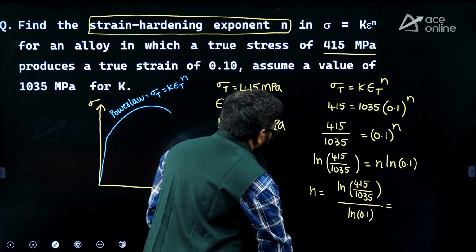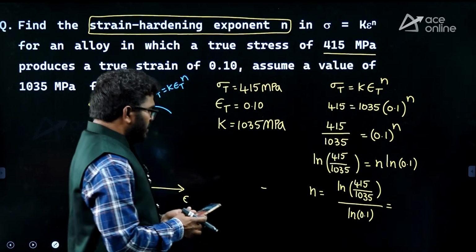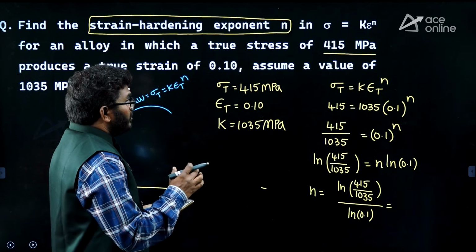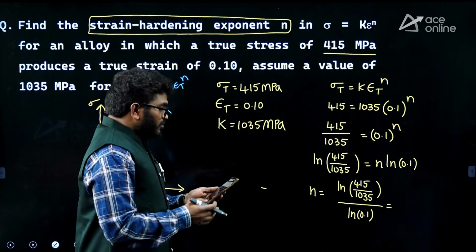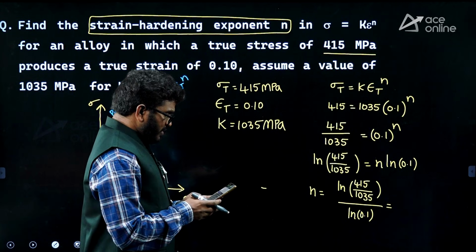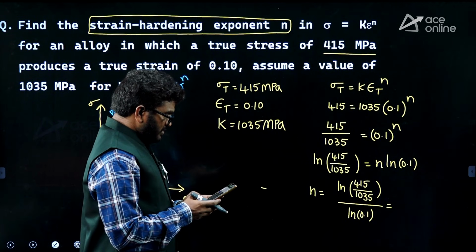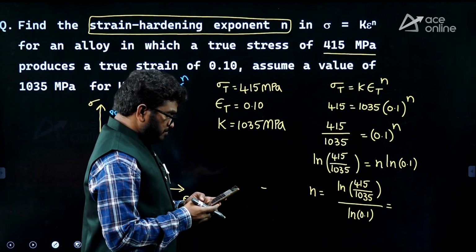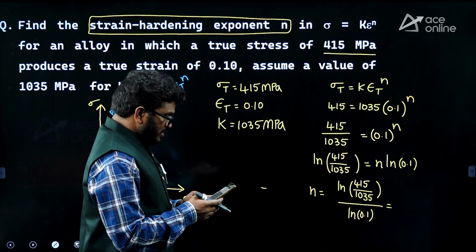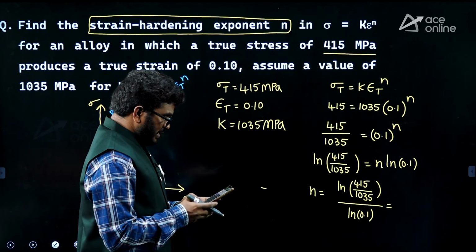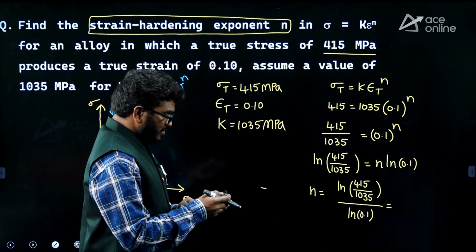So, what is the answer here? What is the answer? It's a very simple question here. Only the thing you should know is how to use this equation, how to solve this equation. See, ln 415 divided by 1035, okay, I got one value, then divided by ln 0.1.